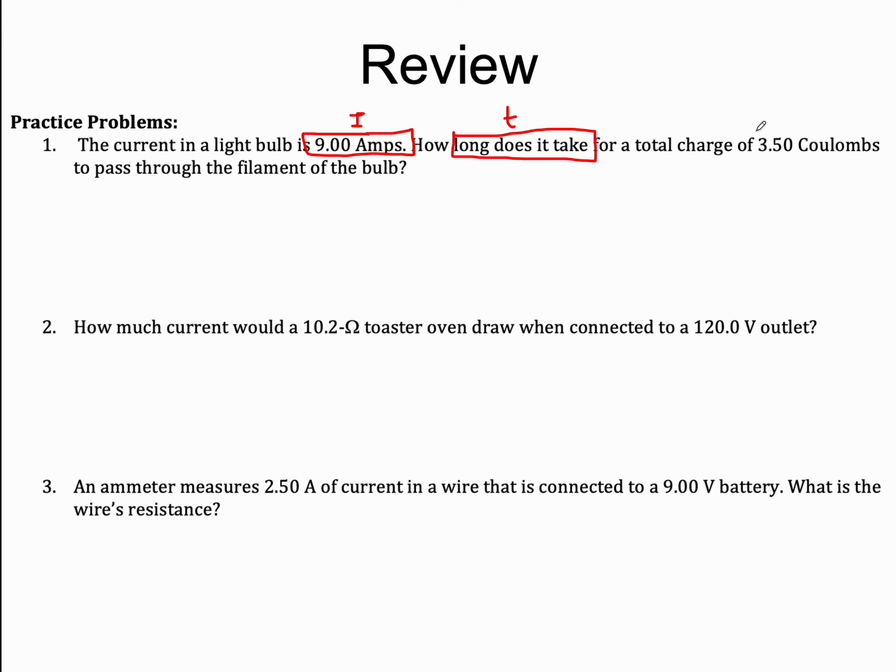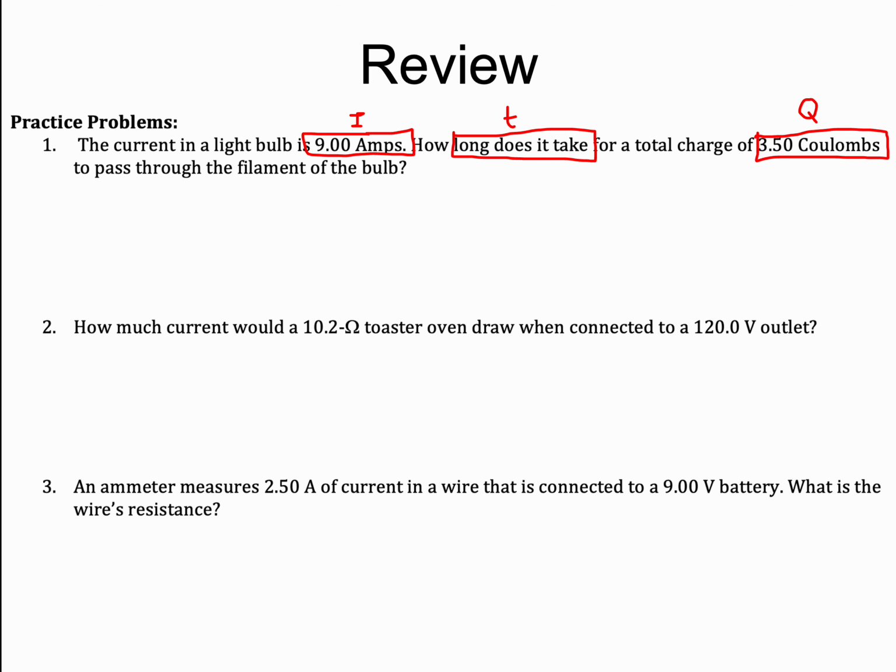And then finally, 3.5 coulombs is really, what is that? Yeah, it's the charge. Represented by what variable? No, I is current. R is resistance. Yeah, Q, good, charge is Q.